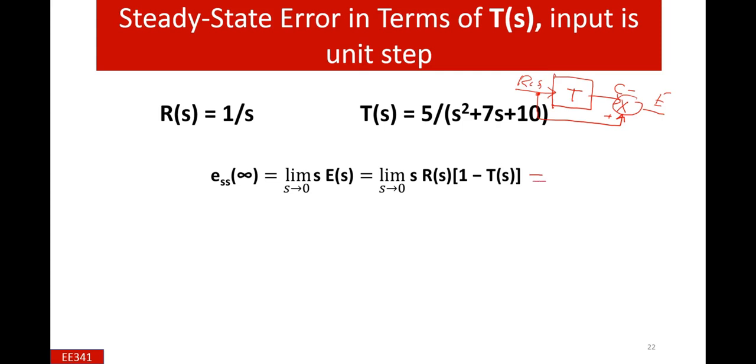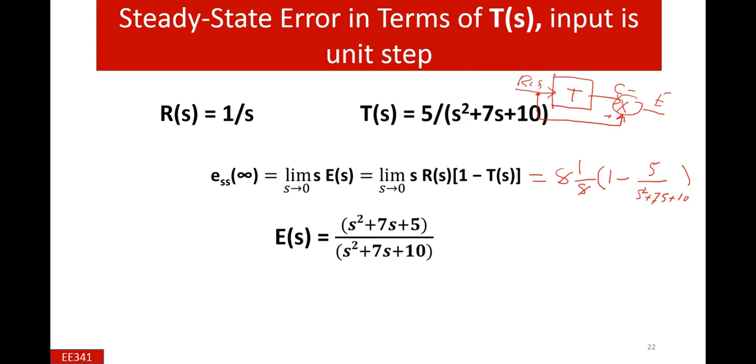Without taking the limits yet, by definition it is s times R(s), where R(s) is the unit step, 1 over s, times 1 minus 5 over s squared plus 7s plus 10. If we simplify this relation, we have the value of steady state error.